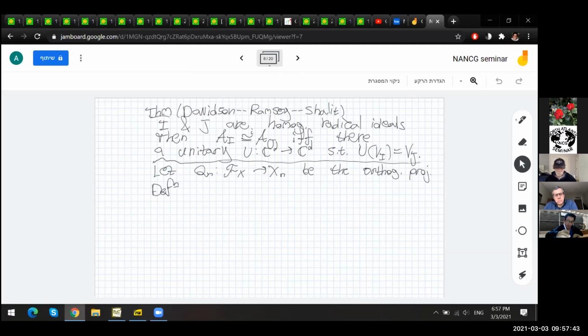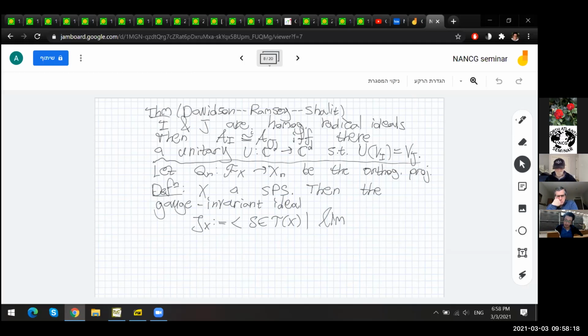Here's the definition due to Wieselter. For X a subproduct system, the gauge invariant ideal, or the circle action invariant ideal, J sub X, is given by S in the Toeplitz algebra such that the limit as n goes to infinity of SQn is equal to 0.